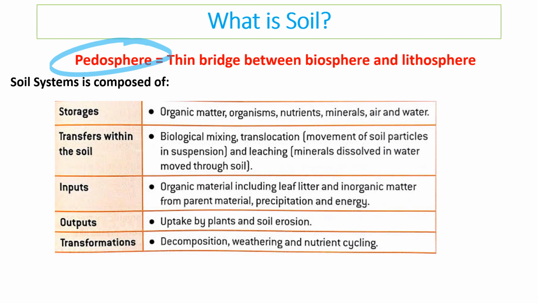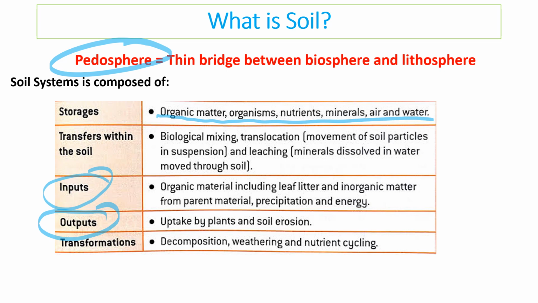A system of soil is composed of the following areas. So just like all systems, soil can be used for storage of these different chemicals here. Soil can transfer things, so there might be water moving through transpiration of soil, particles moving in soil. Soil has inputs because things like leaves land on the ground and decay into the soil, dead animals, energy from the sun enters through the soil, and it has outputs because soil erosion will allow materials to leave.